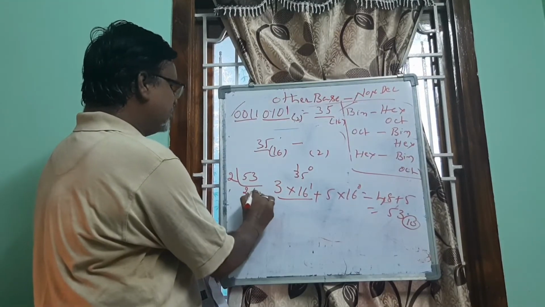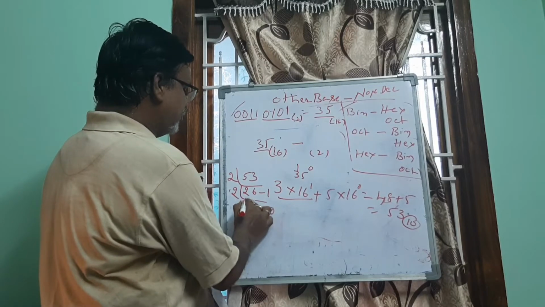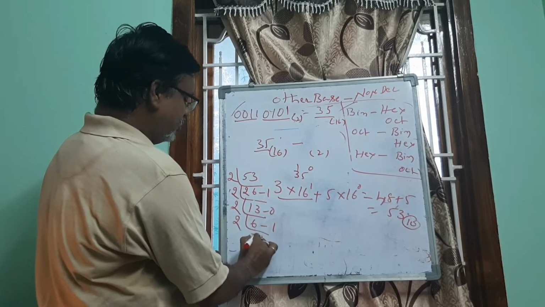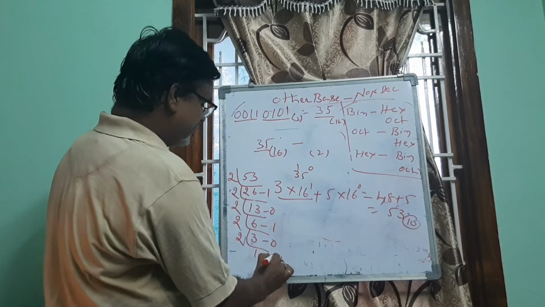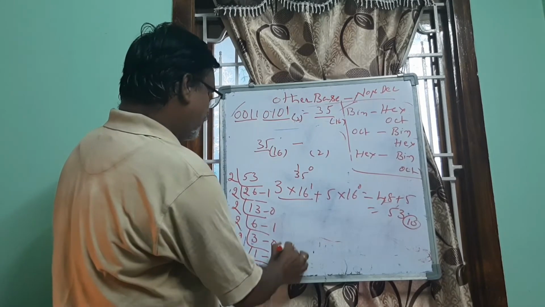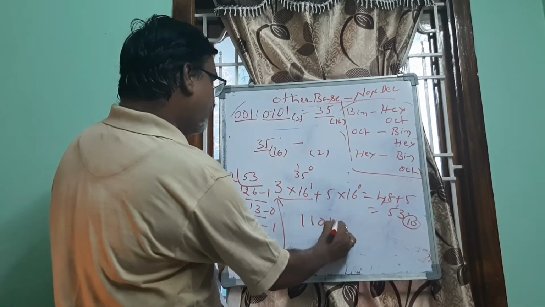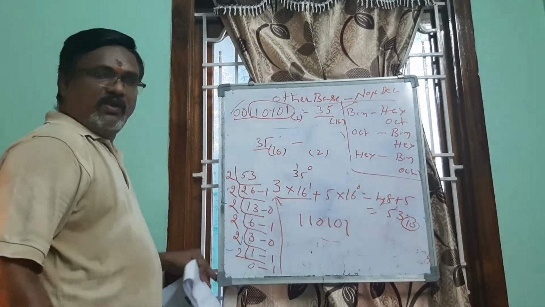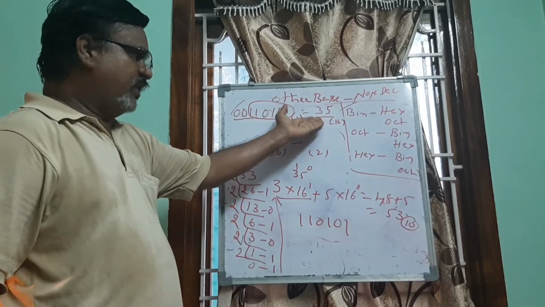Dividing by 2 repeatedly, noting the remainders, you can write them in reverse order. So this is 1, 1, 0, 1, 0, 1. Now this binary equivalent value is equal to 35 for hexadecimal.